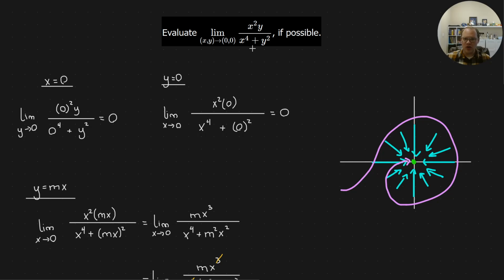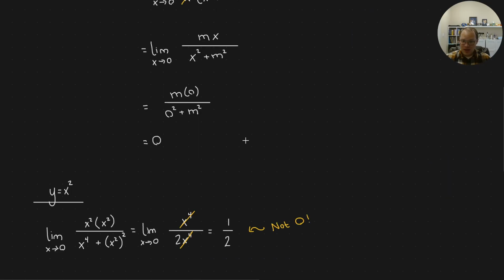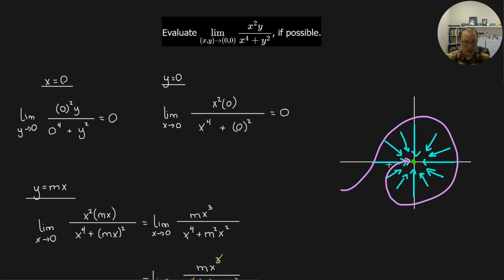No, it's very hard to look at this and know that that's going to happen. Okay, this example is not to show you really how to solve this. I didn't show you why I thought y equals x squared was a good approach, right? I knew it was a good approach because this is kind of a classic example of why just approaching a point linearly is not sufficient. Okay?